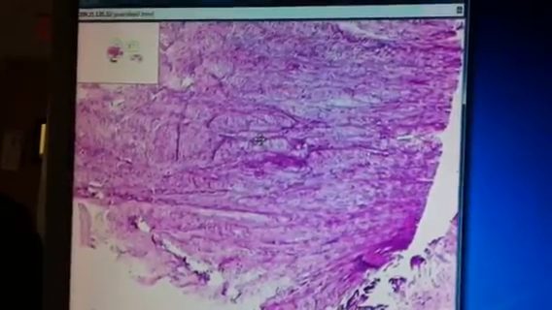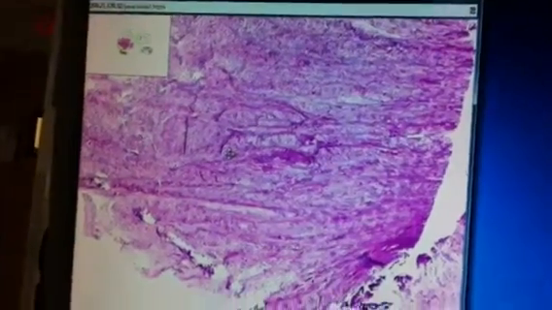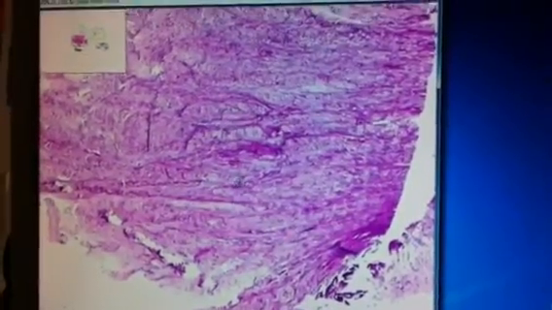That's different than bone, right? Because osteoblasts aren't in lacunae. In bone, osteoblasts are never in lacunae. They're always up on the surface.